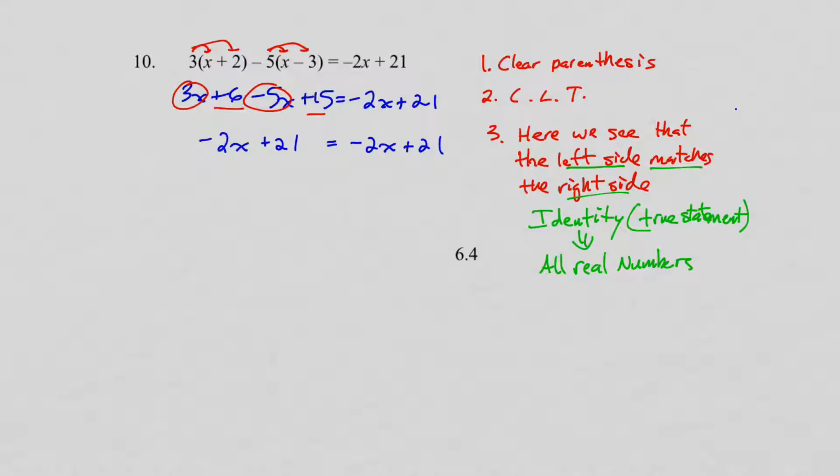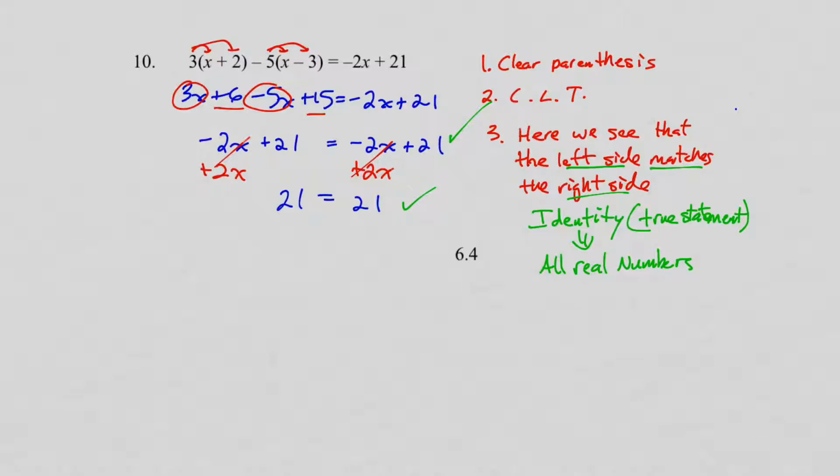Okay? So let's continue with this. You can notice it right here. Or if we continue by collecting x's to one side, they're both going to cancel out, giving us 21 equals 21. So there's another identity right there. Either way, gives us the same answer.